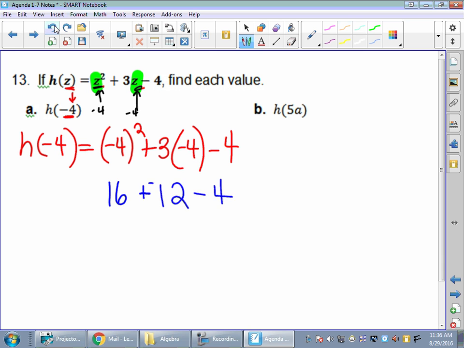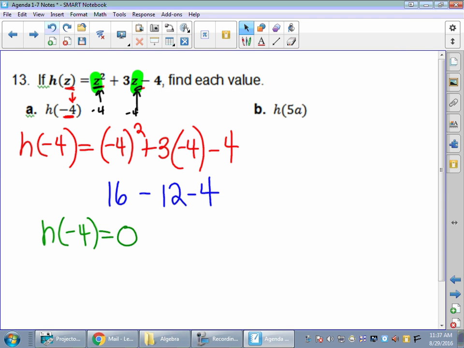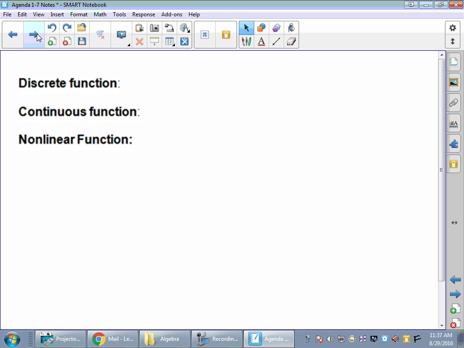It's the same thing, remember, subtracting and adding a negative. So when I do this math, I get a very interesting answer. I think, if I'm doing my math right, h of -4 comes out to a 0. We'll talk more about letter B, but this is evaluating a function.